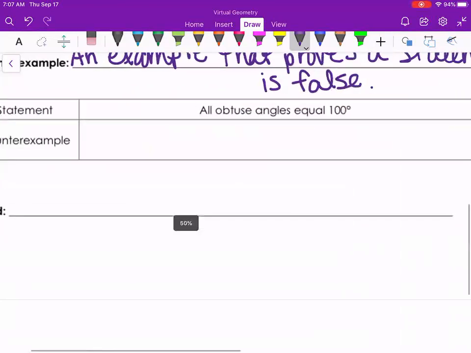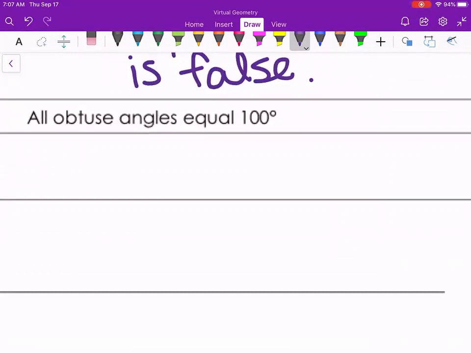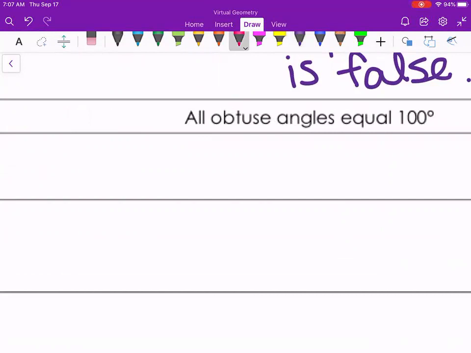So let's take a look at our example that we have here. We have the statement, all obtuse angles equal 100. Well, we need to use your deductive reasoning to know the definition of obtuse.